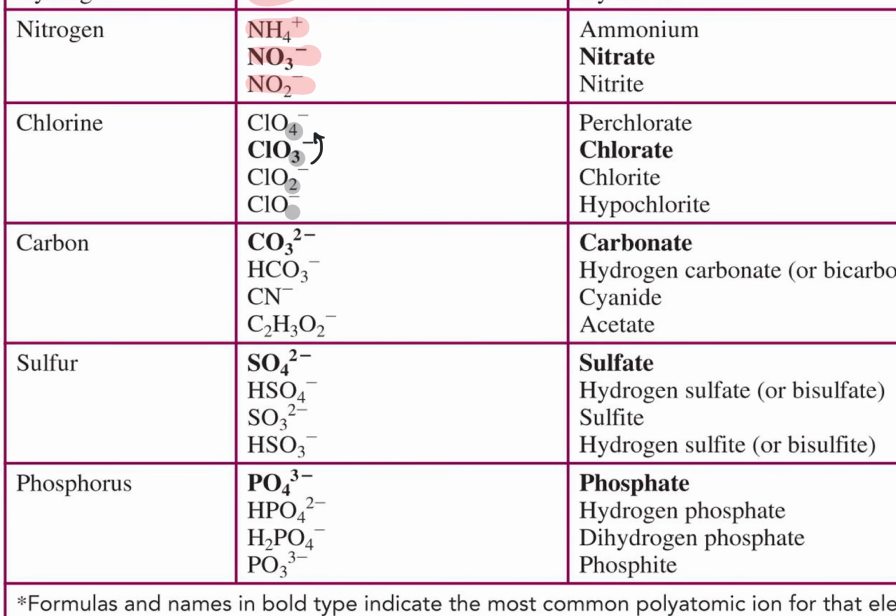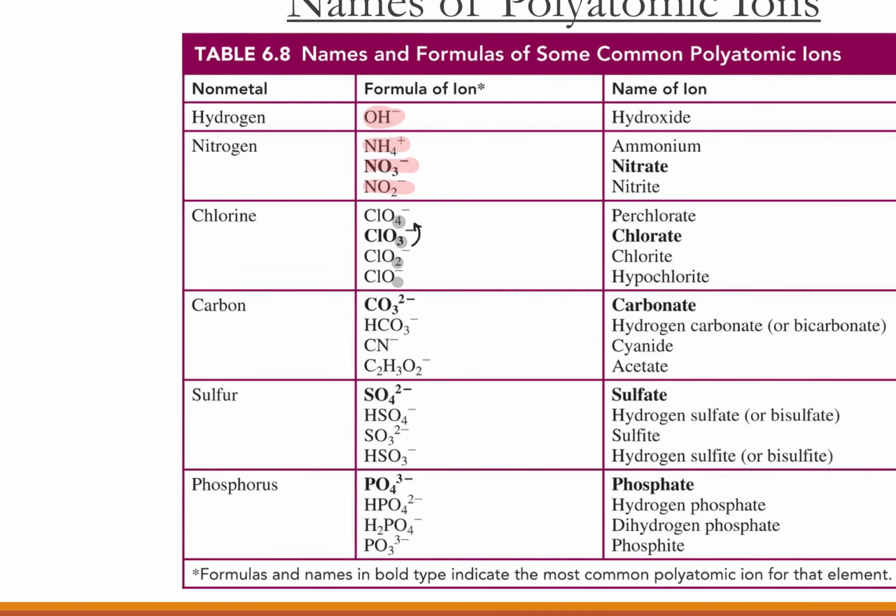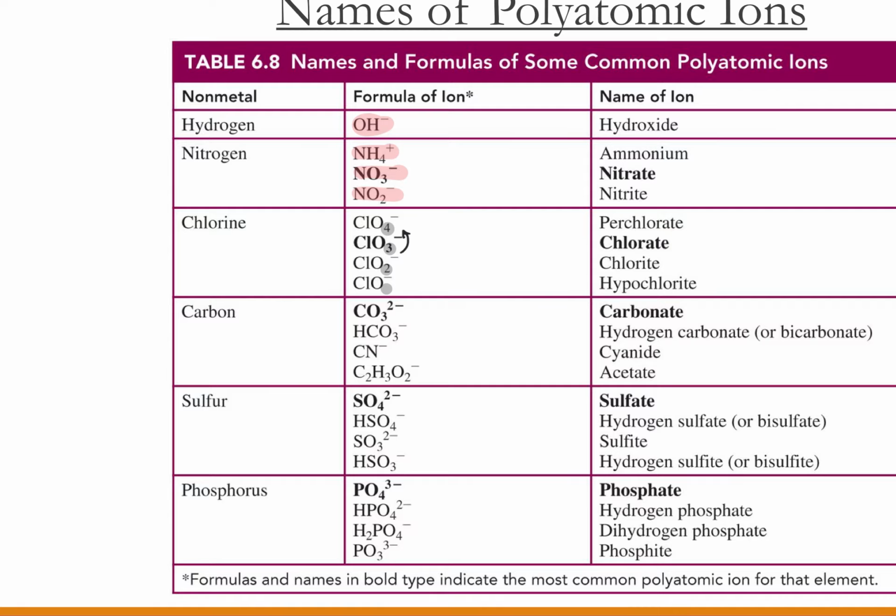And the same thing would follow for other species. If you had SO4, you see it's sulfate. SO3 is sulfite. If there was an SO2 ion, it would be hyposulfite, but that doesn't exist. Carbonate is CO3 2-.